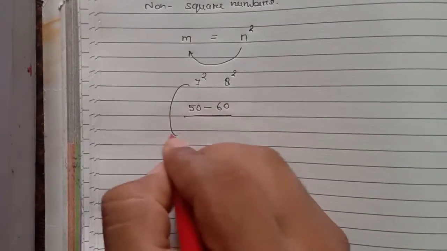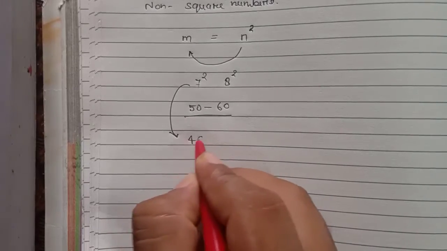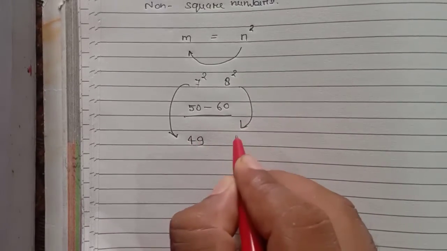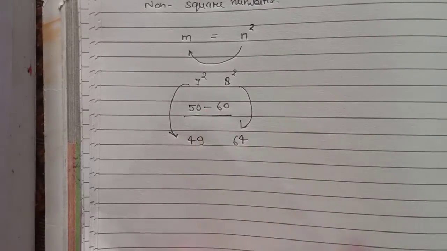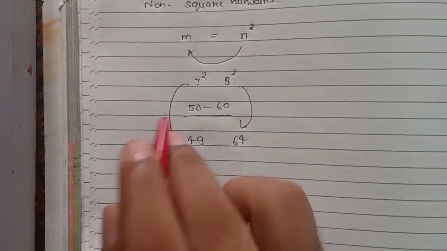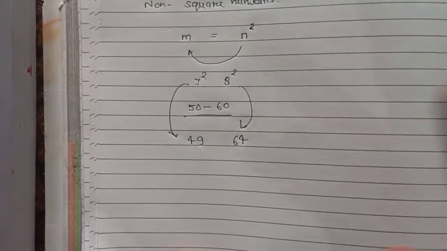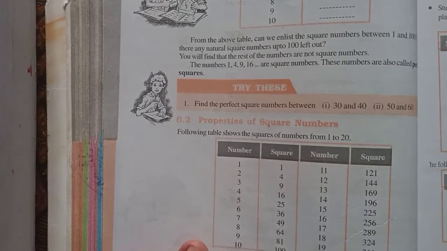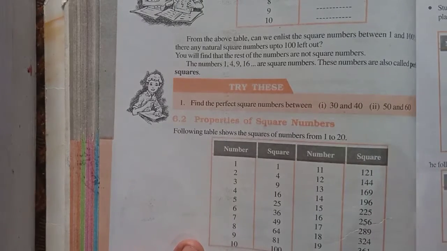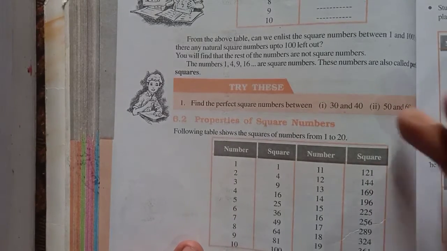The square of 7 is 49 and the square of 8 is 64, so no perfect square lies between 50 and 60. Here our answer is nothing.